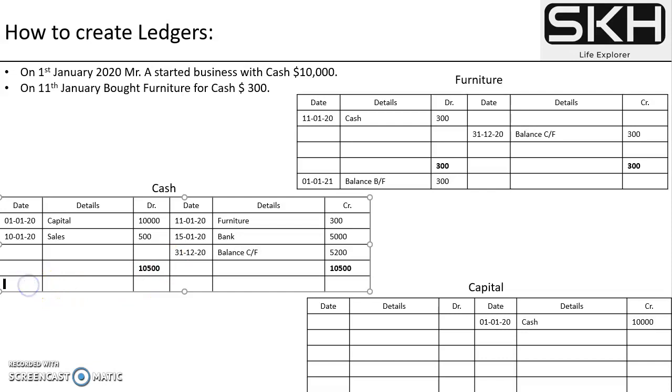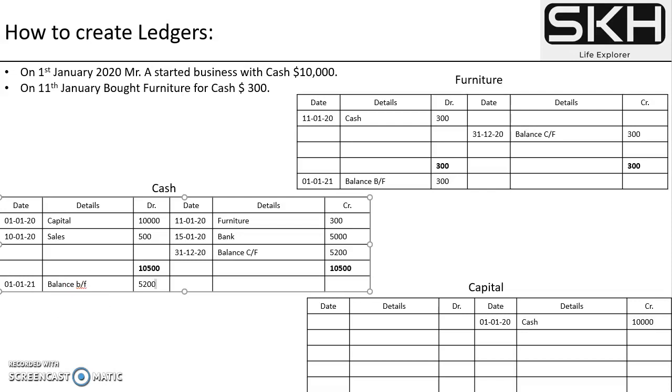And the next year, 1st January 2021, this will become balance BF, which means we started the year with 5,200 cash in our hand. This is how we balance the ledger.